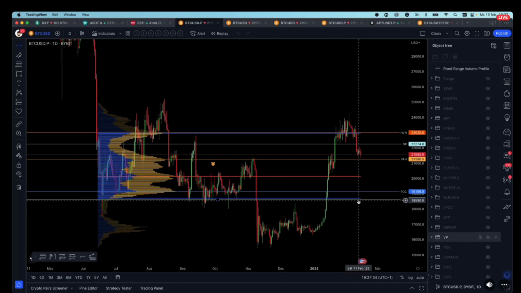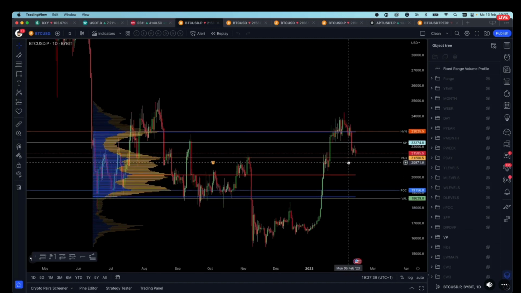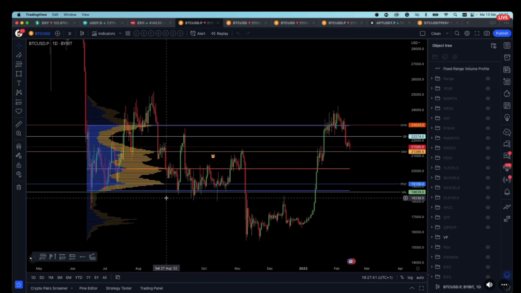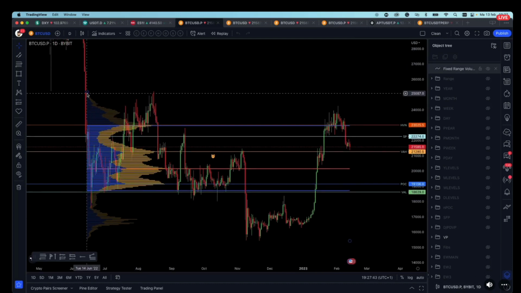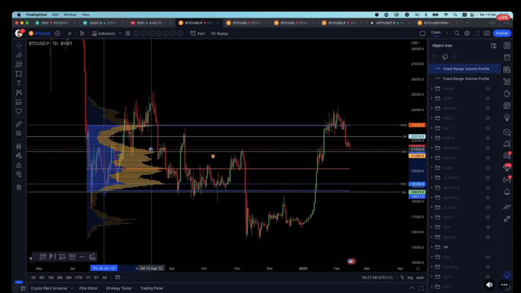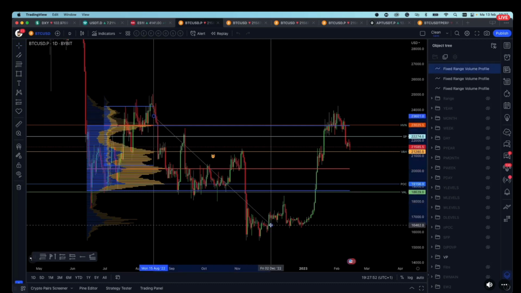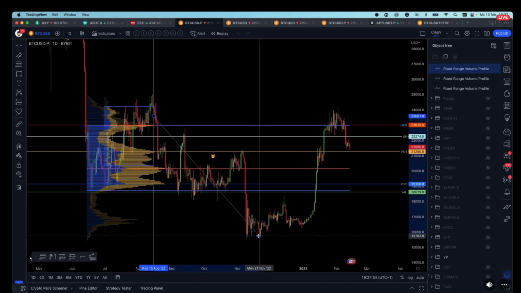Here you have the value area low. I placed my value area high here because there is another reason. I actually start out like this, but then I find some more fixed volume levels by taking some more volume profiles.